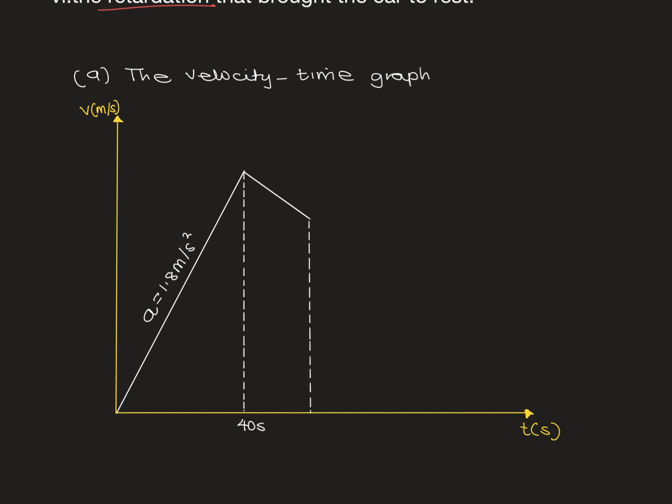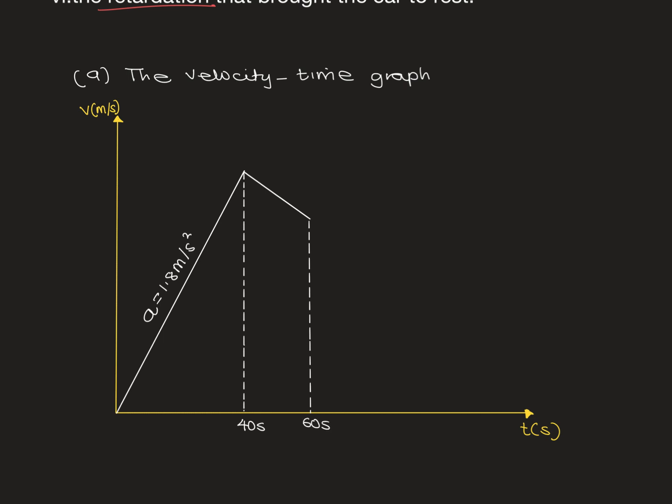Which means from the origin here up to this point, the car has traveled 60 seconds. By adding it to the 40, we will have 60 seconds here.